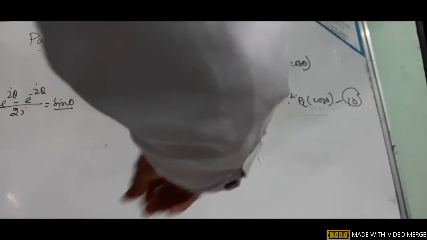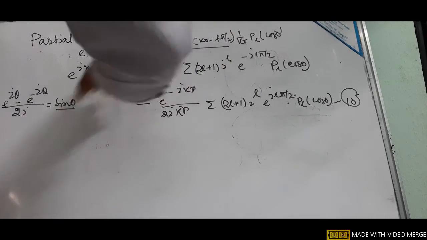So it is divided into two parts. I have taken this sine, and it is expanded into the exponential form. So this is equation 10.